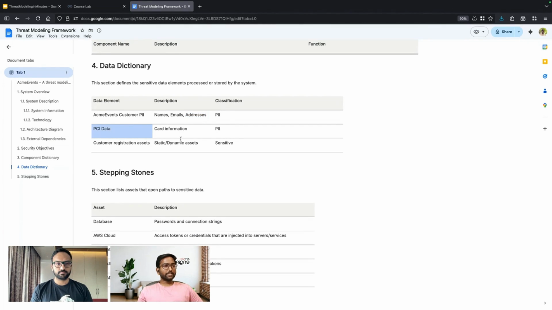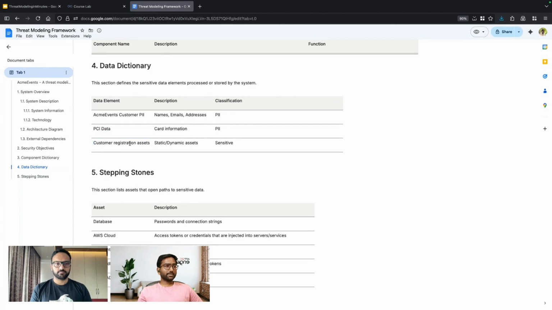And in the second case, we have PCI data, which would be card information, probably some sort of name and maybe the last four digits, because as an application user who has used a payment gateway, we are probably holding on to transaction IDs. We are probably holding on to maybe the four digits, maybe the name of the user, which puts us lower on the scale of what sort of data we are handling, but still something that we should be careful about.